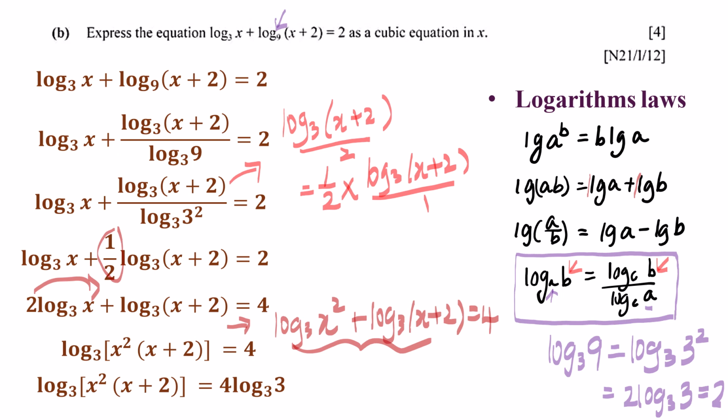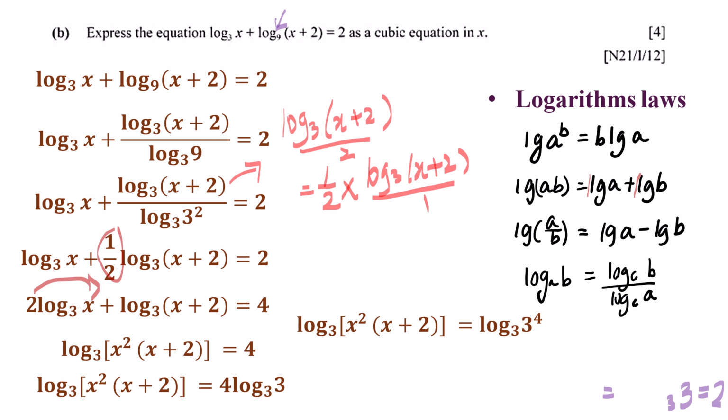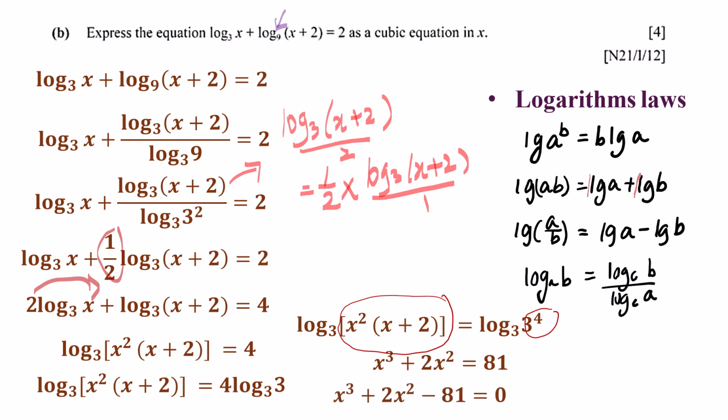There are two ways of doing it. One way is to write 4 as 4 log 3 base 3, because log 3 base 3 is 1, and then you apply the power law so that it can make log base 3 on both sides. And since we have log base 3 on both sides, whatever is inside has to tally, and that gives us a cubic equation as what the question requires us to find.